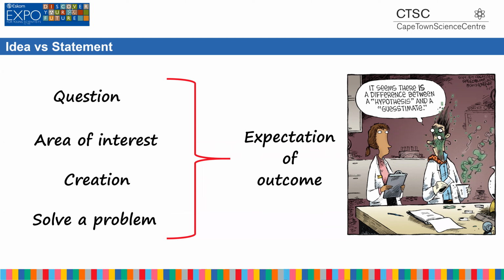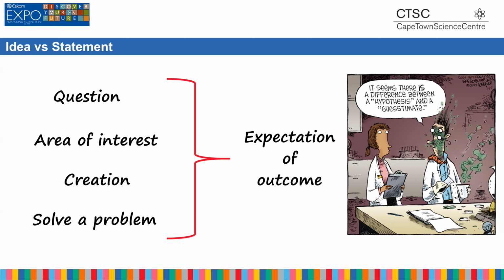And a hypothesis is not the same as a guesstimate. We like to sometimes try and explain to kids, well, a hypothesis is like a guesstimate, and there's some truth in that, but fundamentally they are different, because your expectation of outcome, your hypothesis, is based on information.